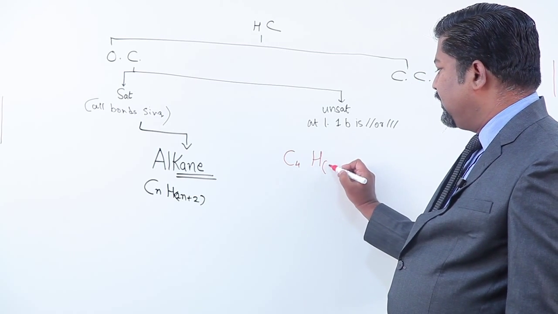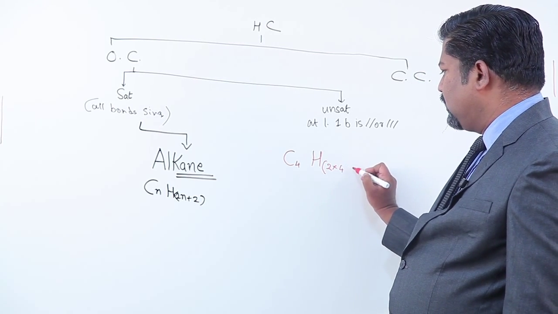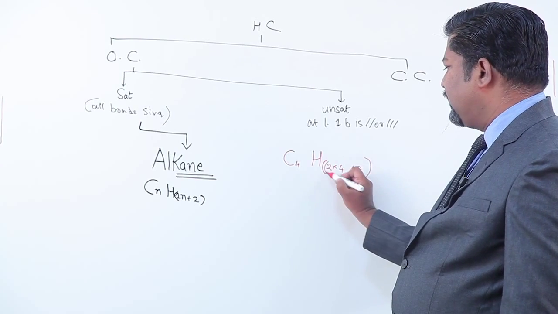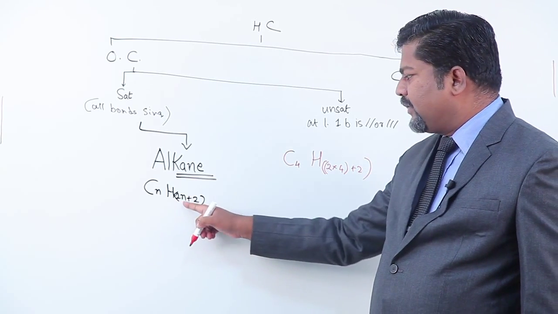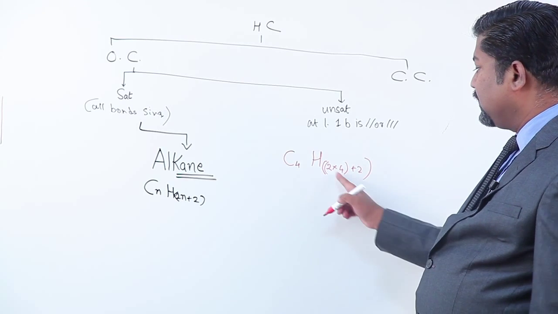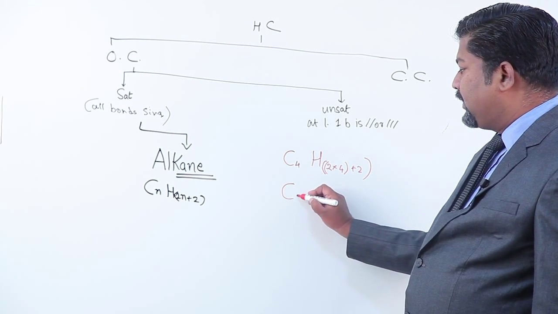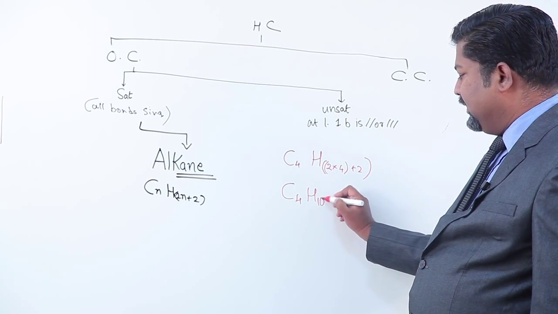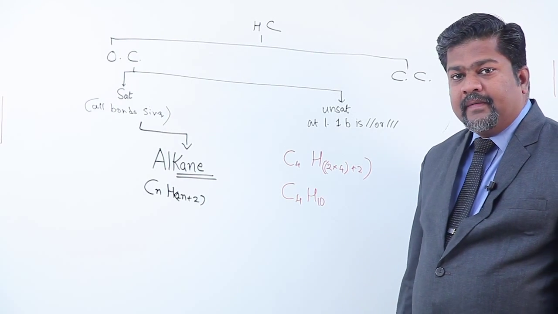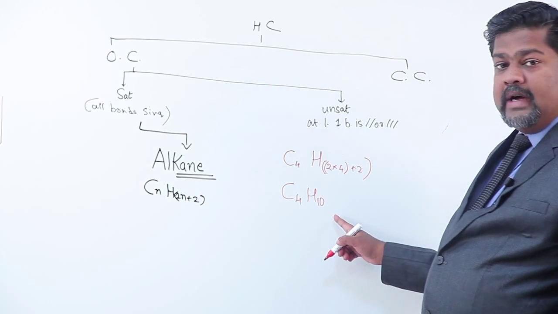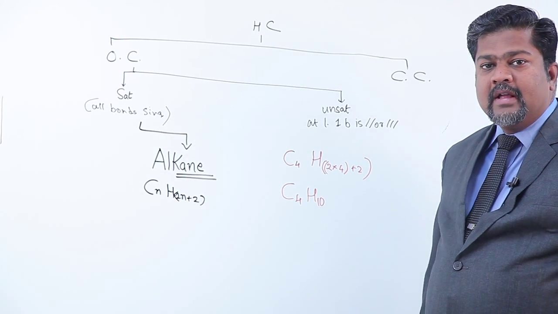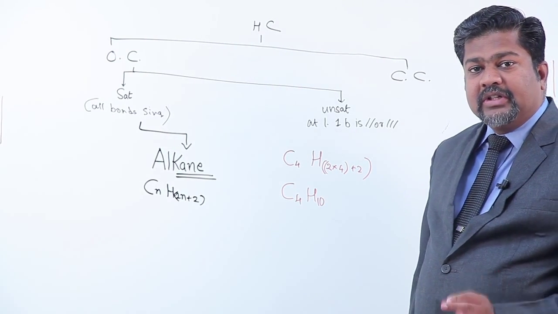That is H, 2 into 4 plus 2. Now you are aware that when this type of expression is there, first we have to carry out multiplication and then addition. So 2 into 4 is 8, 8 plus 2 is 10. So it should be C4H10. So we can calculate the number of carbon and number of hydrogen with this type of formula. We are calling that the general formula.